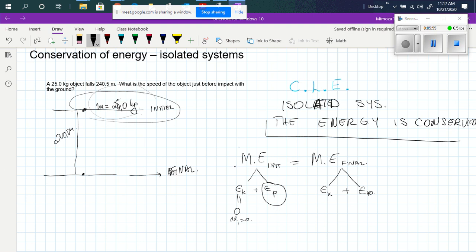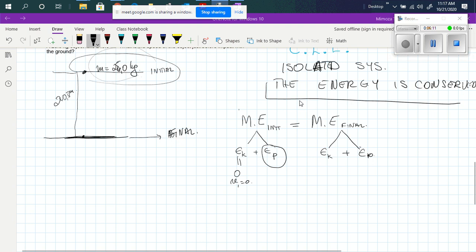And then at the end, right before it reaches the ground, what do we have in the final mechanical energy? Kinetic or potential, or both? Okay, kinetic only, because potential is equal to 0, since the height of the object in comparison to the ground is 0. So then we have only kinetic.